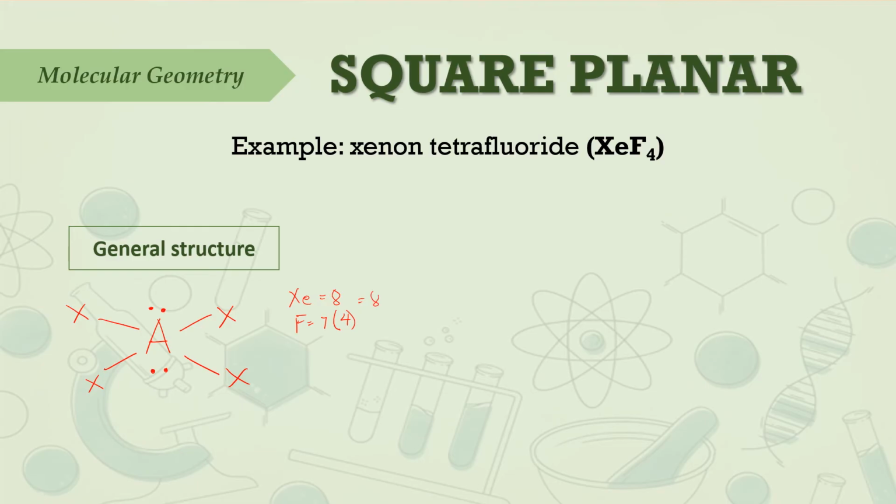So this is 8, this is 28. All in all, we have 36 electrons. So if we are now going to draw the structure, we have xenon as the central atom because it's the atom with only 1. And then we have 4 fluorine atoms. Okay, so we need to fulfill each fluorine atom with 8 electrons.